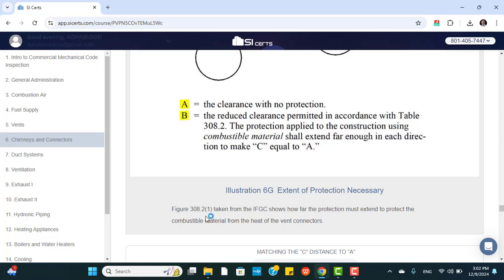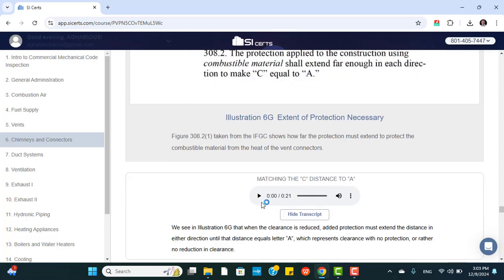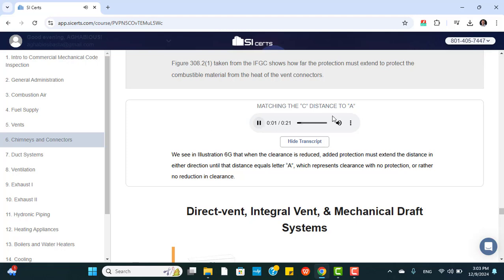Figure 308.2.1, taken from the International Fuel Gas Code, shows how far the protection must extend to protect the combustible material from the heat of the vent connector. We see in illustration 6G that when the clearance is reduced, added protection must extend the distance in either direction until that distance equals letter A, which represents clearance with no protection, or rather no reduction in clearance.